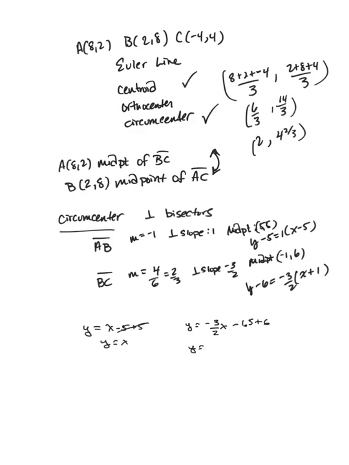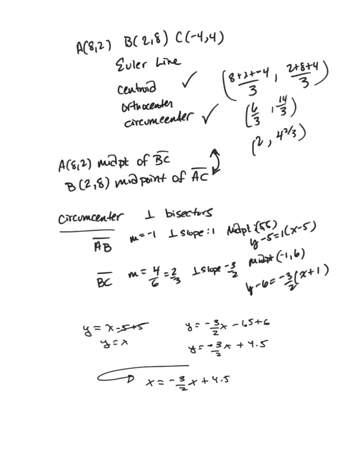So that's y equals negative 3 halves x plus 4.5. But y equals x, so I could just replace y with x. If I do that here, I get x equals negative 3 halves x plus 4.5.